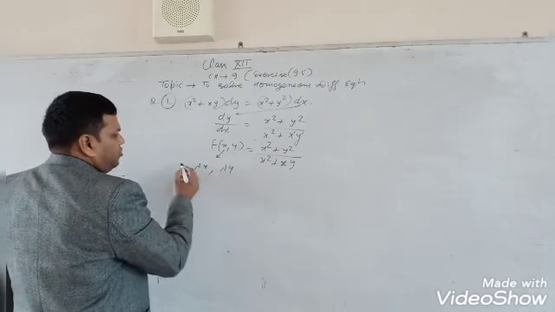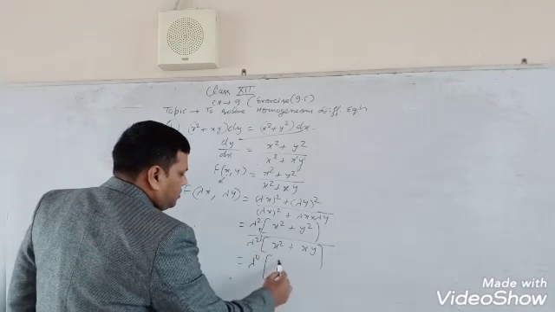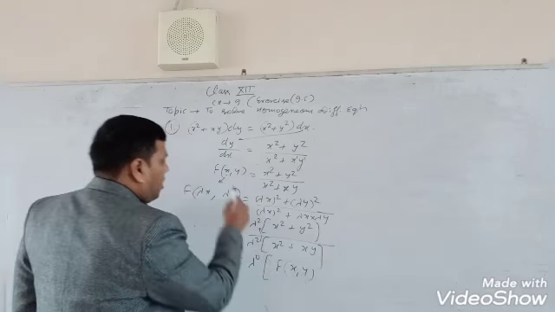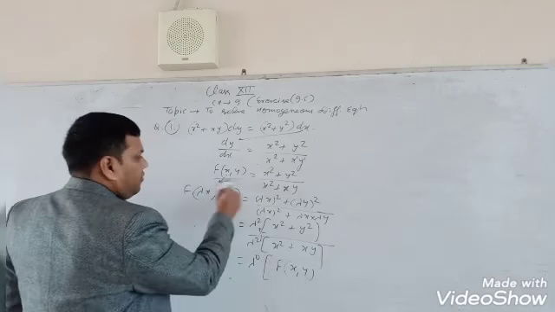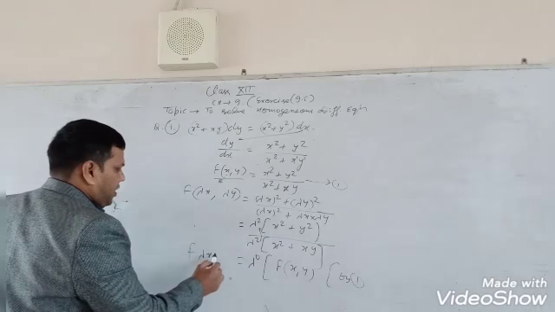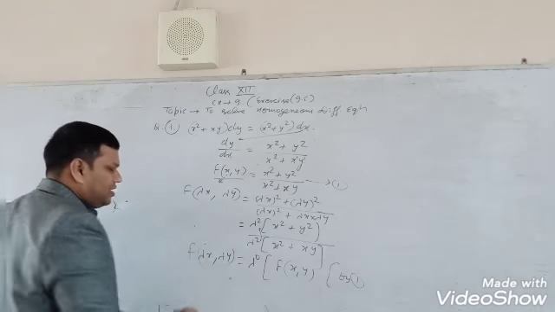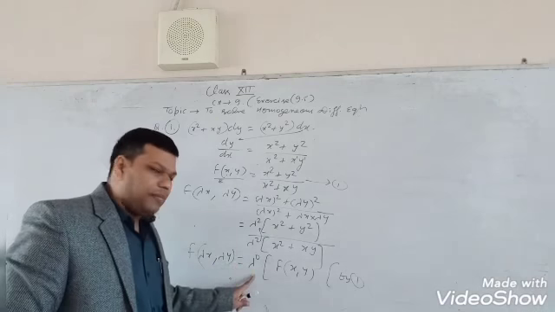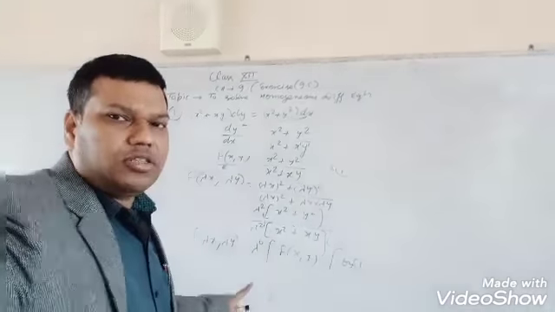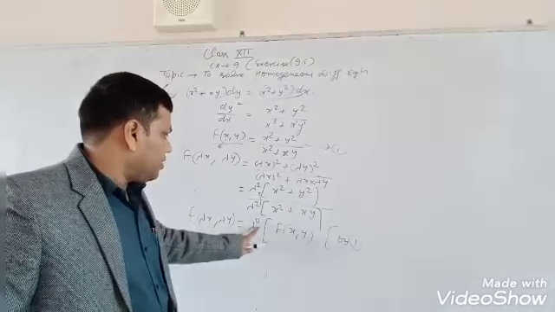Lambda square will be common in the numerator, and here also lambda square is common in the denominator. So you see lambda to the power 0 here.